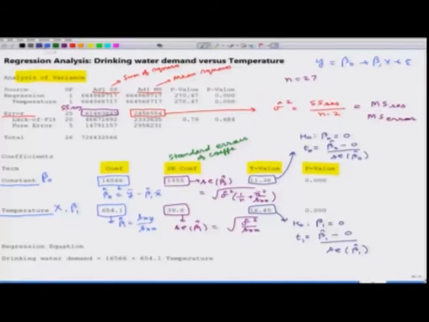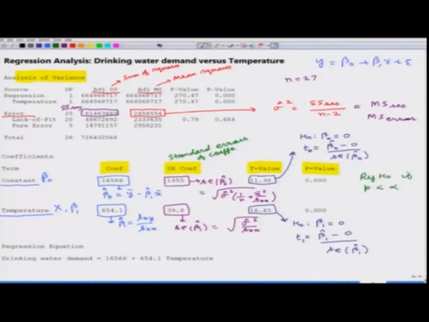Okay. And if you remember, our rule was that reject H naught if p value is smaller than alpha. Alpha is the level of significance, and you can recall that in MINITAB software we had given it to be 5%.